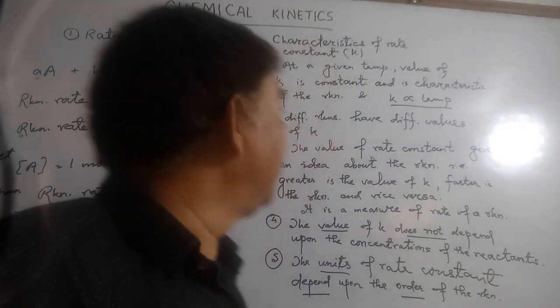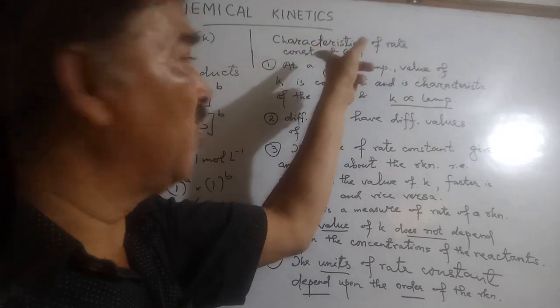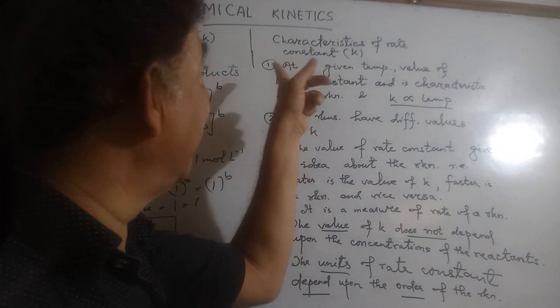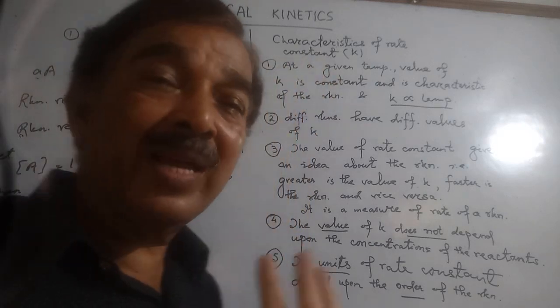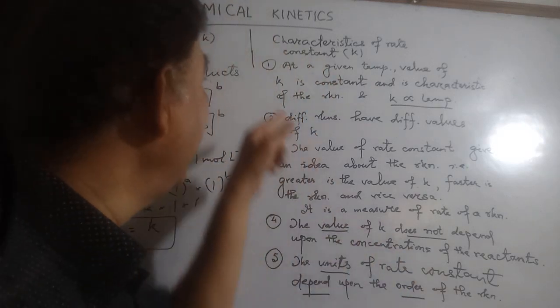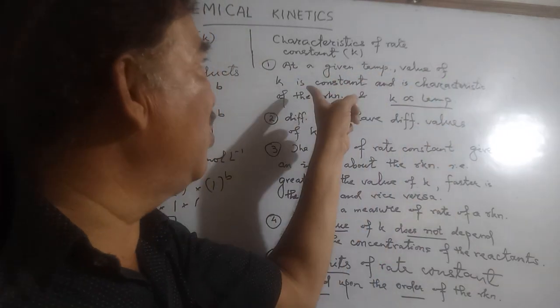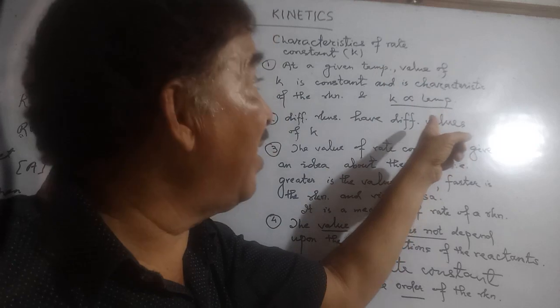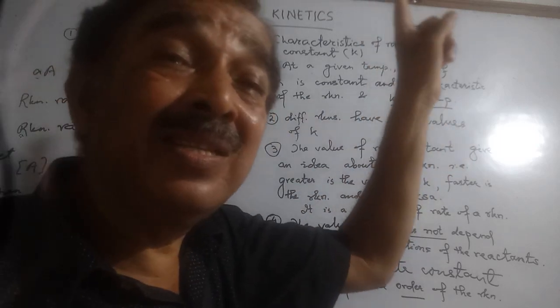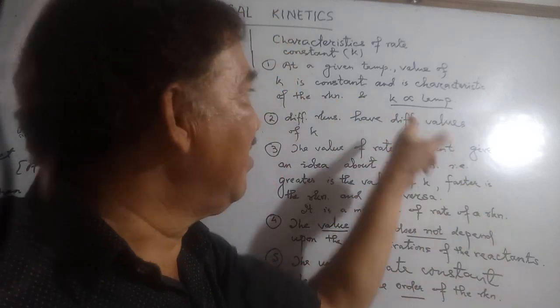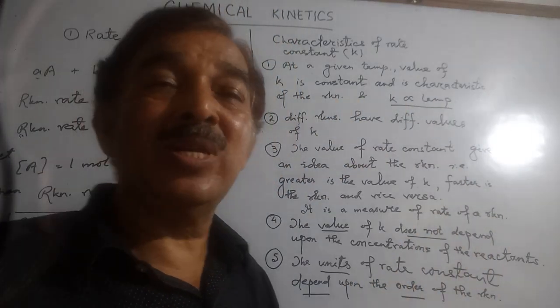Now coming to the characteristics of rate constant. There are altogether 5 characteristics. Number 1 is, at a given temperature, the value of K is constant and is the characteristic of the reaction, and K is directly proportional to temperature.